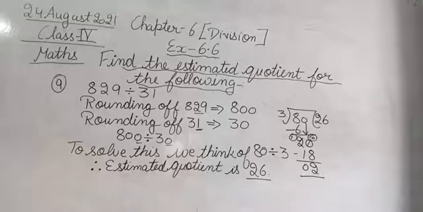So this is the solution of question number 9. You can pause your videos here and note it down in your notebook. So this is the estimated quotient, that is 26.